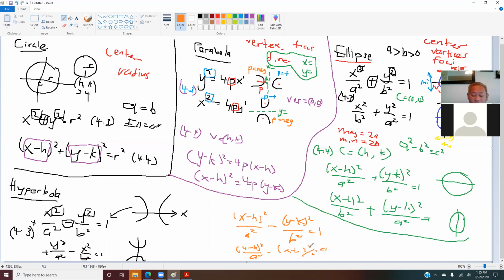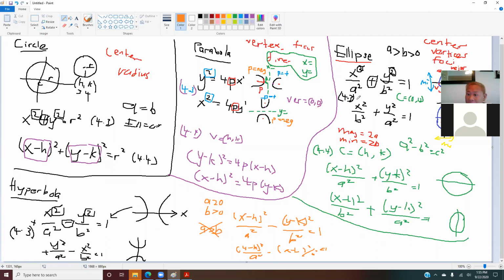So I just want to point out to you guys that these two are very similar. And this rule, if you see ellipse, says a has to be greater than b has to be greater than 0, right? This rule says a has to be greater than 0, b has to be greater than 0. That's it. It doesn't say that a has to be greater than b. For hyperbola, it doesn't matter who is big, who is small.